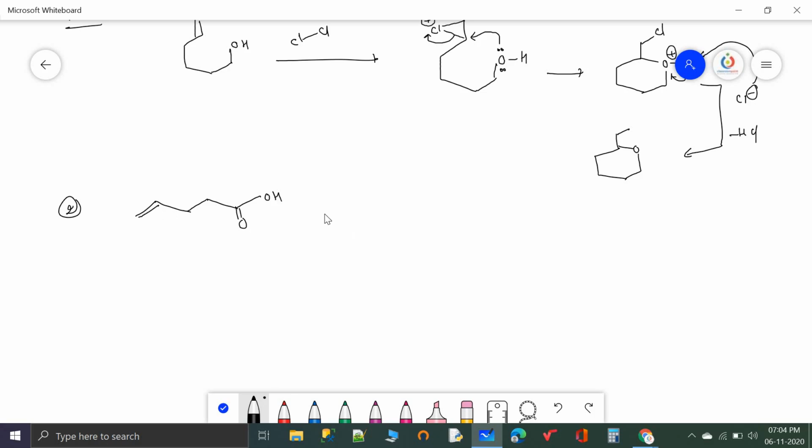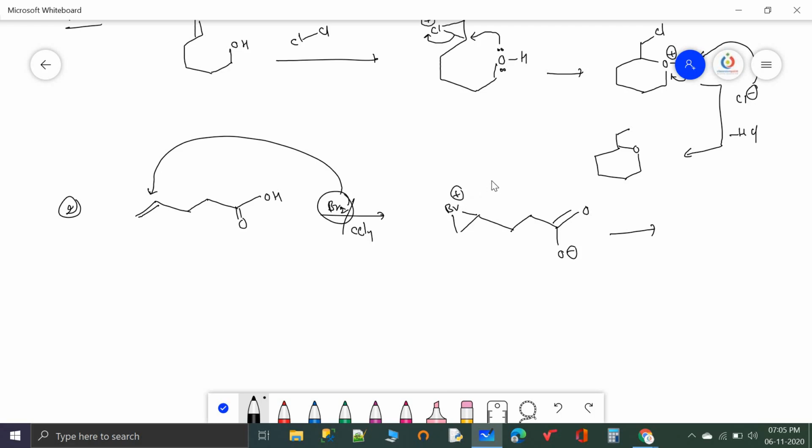Here a double bond is there. So how does the reaction take place if you use bromine in the presence of CCl4? This bromine goes and adds first to this double bonded carbon. So the molecule will be like this. I am writing this OH on this side and this double bond on the other side. This is the acid part, no, so it loses the H plus ion. So straight away I am writing, and here bromine is added, which got the positive charge.